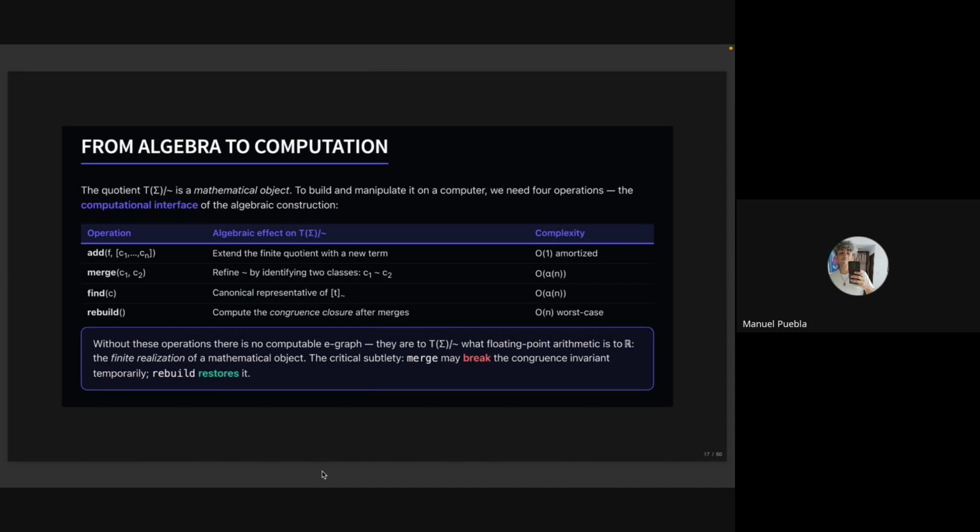These implementations need to be done carefully, because the classes can grow. I mean, they can really grow. Whenever we merge classes by identifying semantically equivalent expressions, the references to those terms can be broken, and so we need to rebuild them carefully.